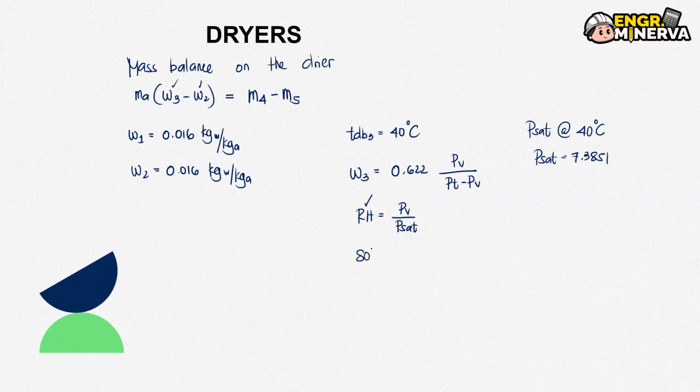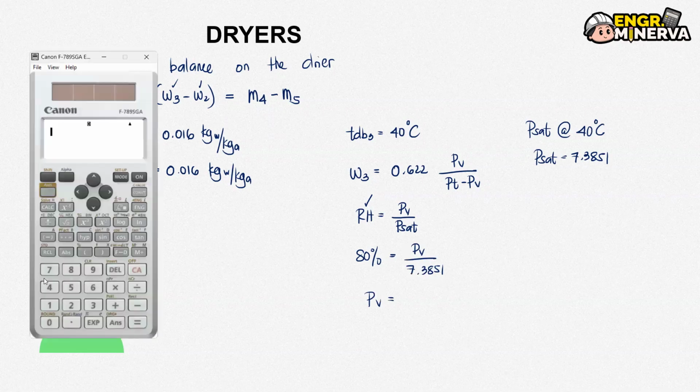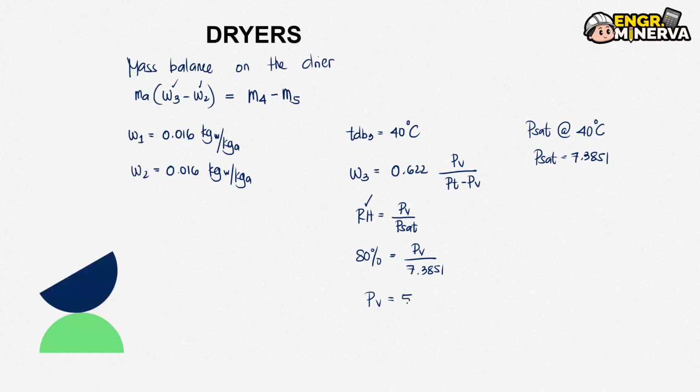So 80% equals PV over 7.3851. Our PV would be 7.3851 times 80%, which is 5.9081 kPa.